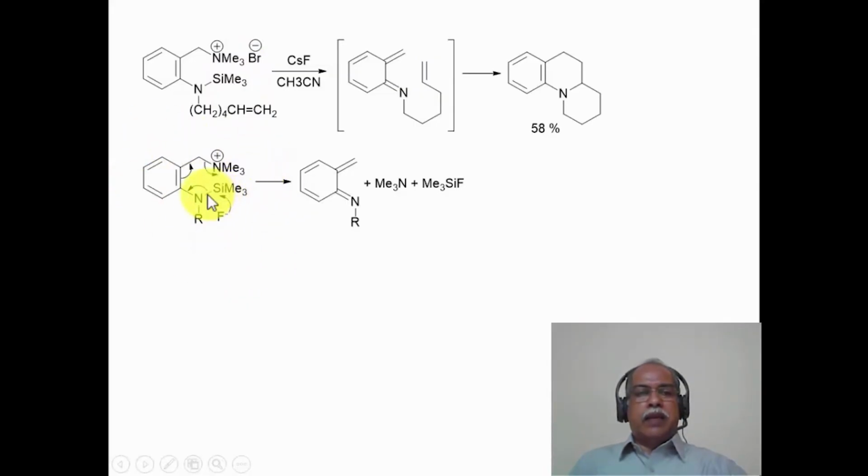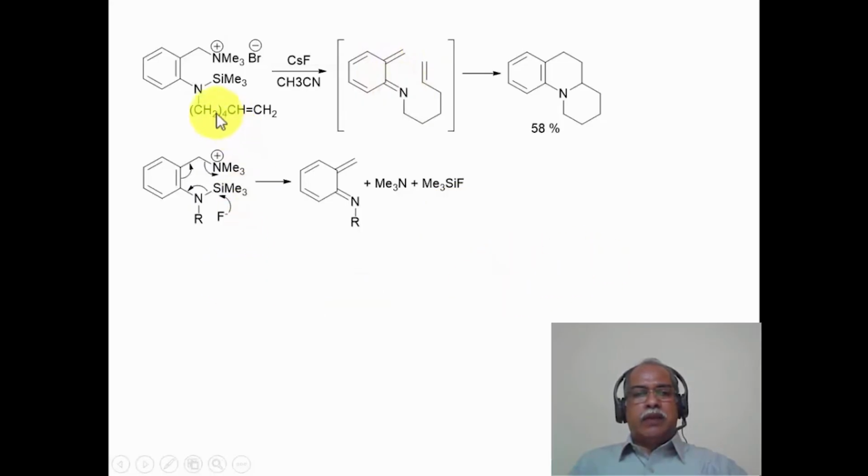The trimethylsilyl group and the ammonium group are the leaving groups in this particular case. When this molecule is treated with cesium fluoride, the fluoride ion, being of highly silicon-affinic nature, attacks the silicon, resulting in the cleavage of the carbon silicon bond, leading to the elimination of the trimethylamine as the leaving group in this particular case, and results in the formation of this particular diene, which is a heterodiene.